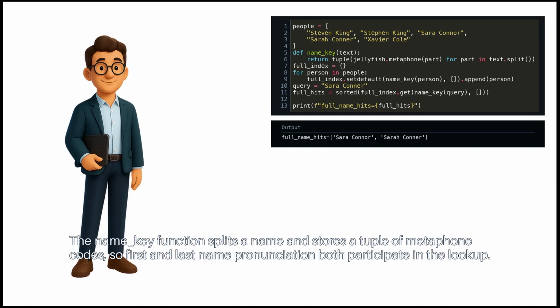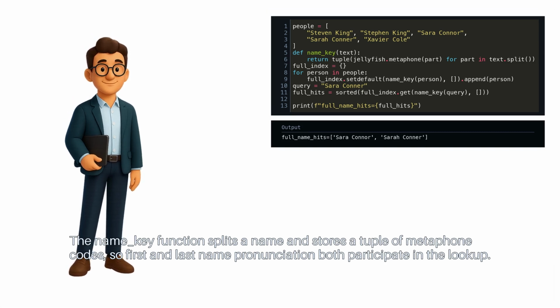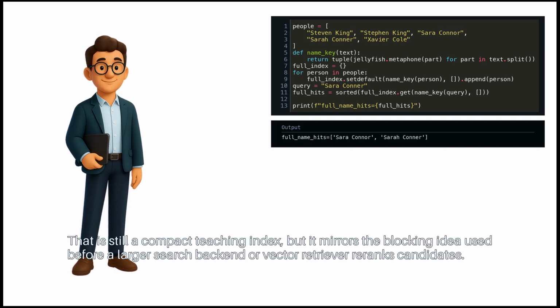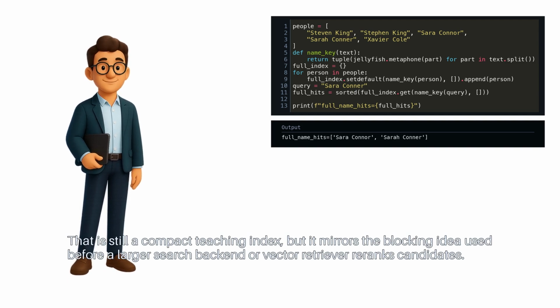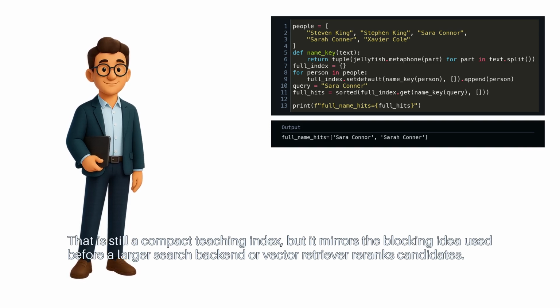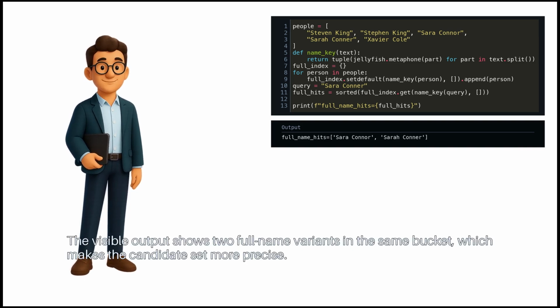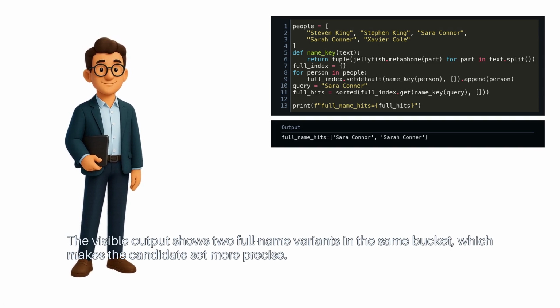The name key function splits a name and stores a tuple of metaphone codes, so first and last name pronunciation both participate in the lookup. That is still a compact teaching index, but it mirrors the blocking idea used before a larger search backend or vector retriever re-ranks candidates. The visible output shows two full name variants in the same bucket, which makes the candidate set more precise.